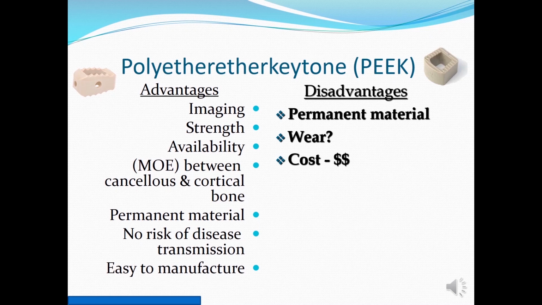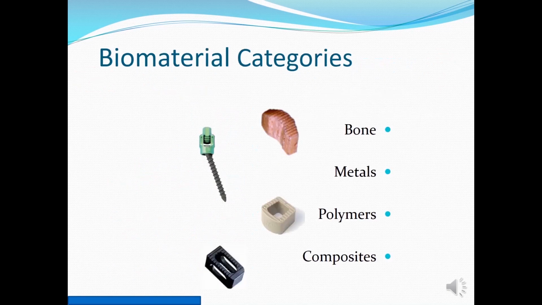It is very strong and available. You can shape it the way you want. Modulus of elasticity is ideal between cancellous and cortical bone. It is a permanent material. It does not dissolve. It does not transmit disease, and it is easy to manufacture, as I said. The drawback is the wear and tear.